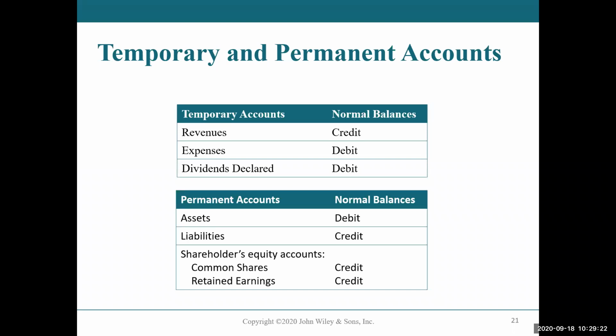So temporary accounts, your revenue accounts have a normal balance of credit. Your expense and dividend accounts are part of your debit equation. So the debit is for expenses, assets, and dividends. Okay, so we have two of those items here, expenses and dividends. The normal balance in those accounts is a debit. Revenue has a normal balance of credit. So once you know the normal balance, then we will do the exact opposite to close them.